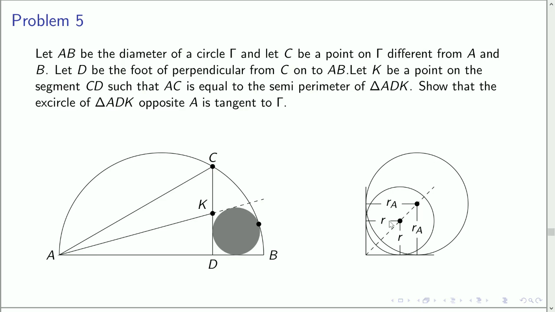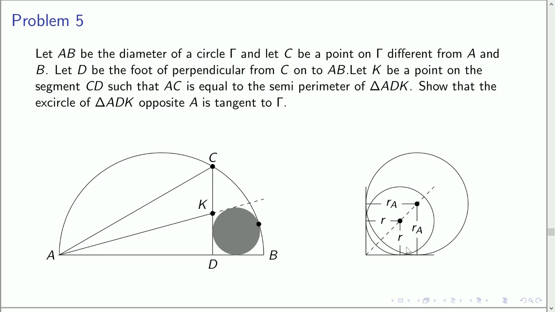So if this is R, this will be RA here. Okay. And now if I show that the radius becomes equal, if RA tends to R, then the centers will also coincide. That basically means that if the radii of these circles become equal, the circles will also coincide.